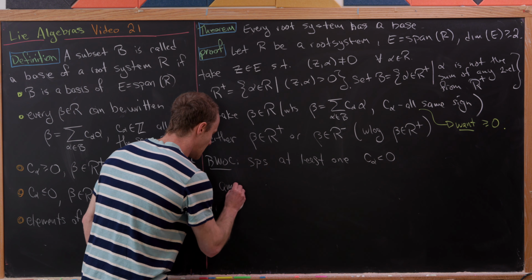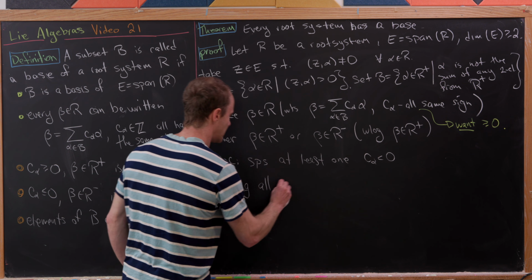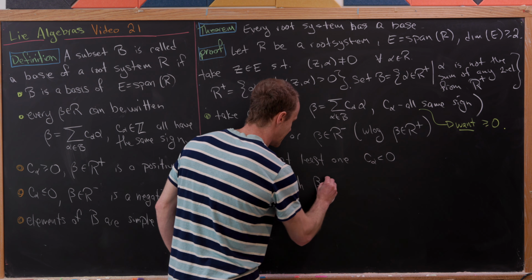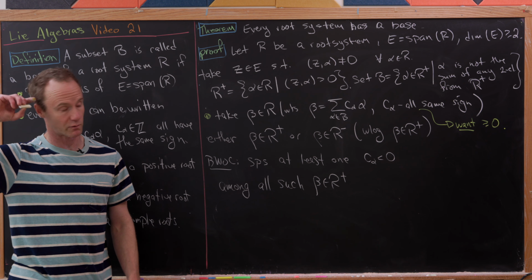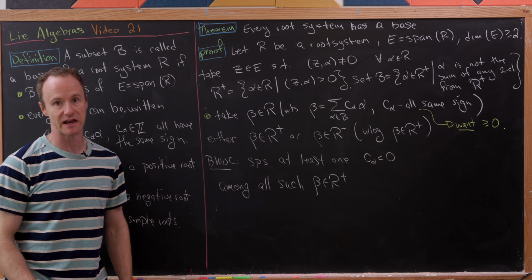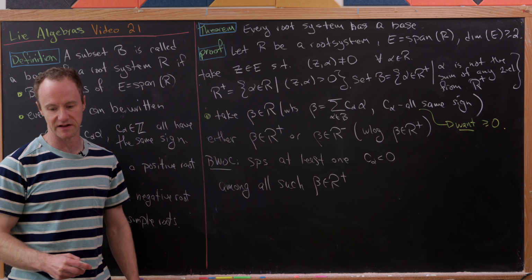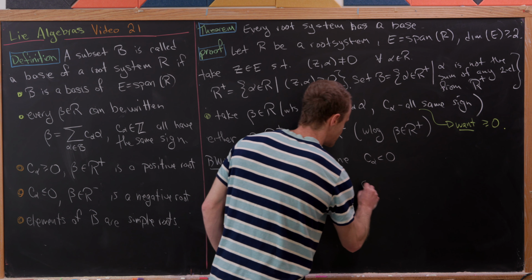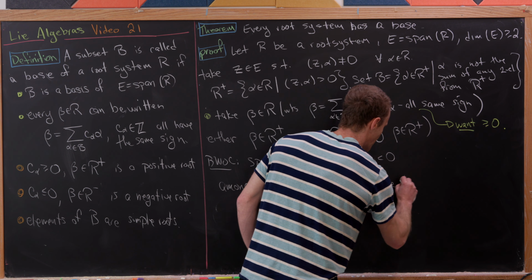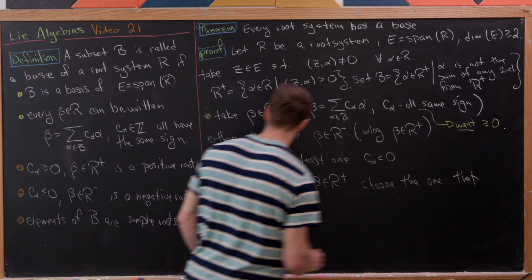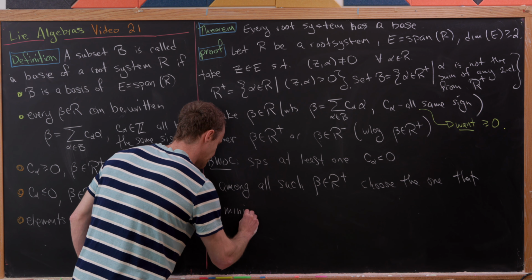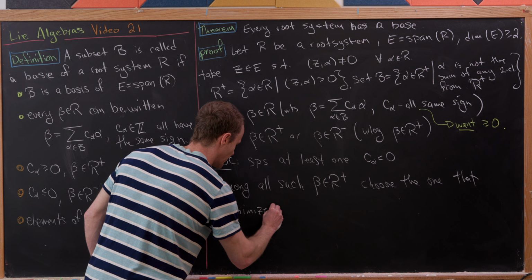So among all such beta in R plus, and when I say all such, I mean all such that require this negative weighted component, this negative C alpha, let's choose the one that minimizes some condition. And that condition is the following.